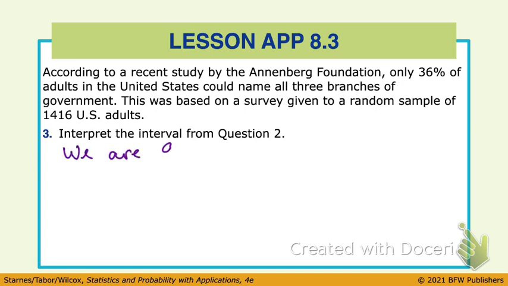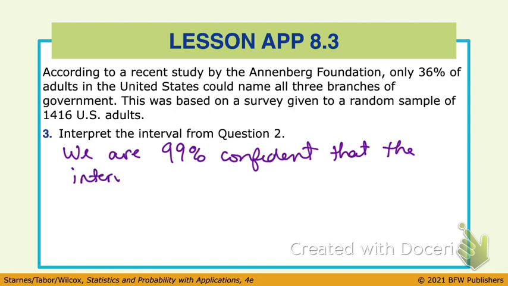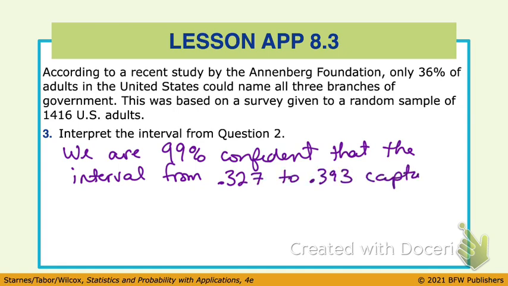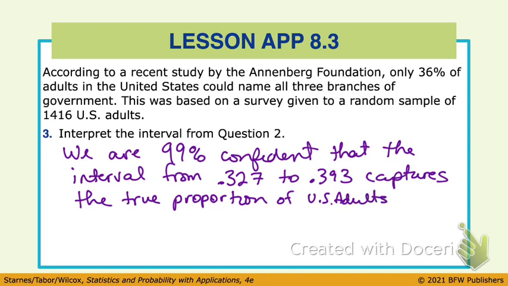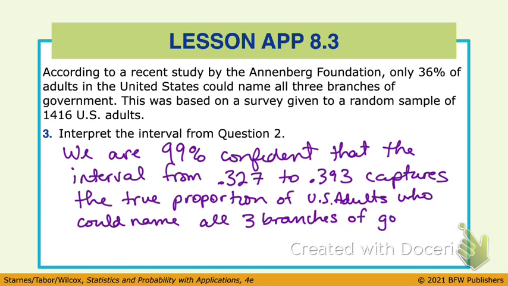We are 99% confident that the interval from 0.327 to 0.393 captures the true proportion of U.S. adults who could name all 3 branches of government.